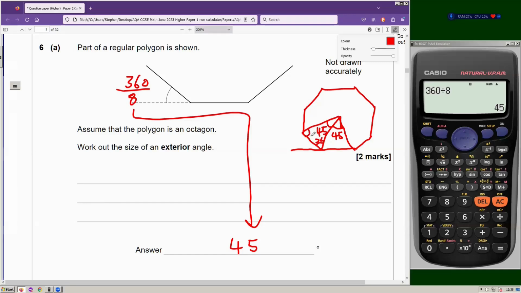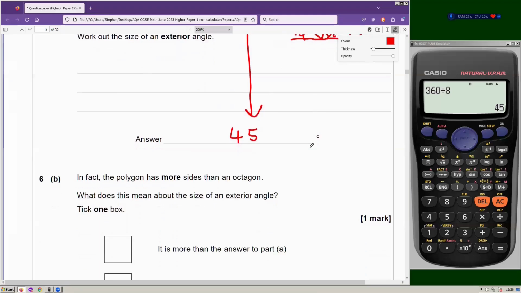X, X, X, there. So we've got two X's in this triangle and a 45. 180 minus 2x will equal 45. And the same here. 180 on a straight line minus 2x's will equal 45. So that's a useful way of working it out. But it's always 360 divided by the number of sides, as long as it's a regular polygon.